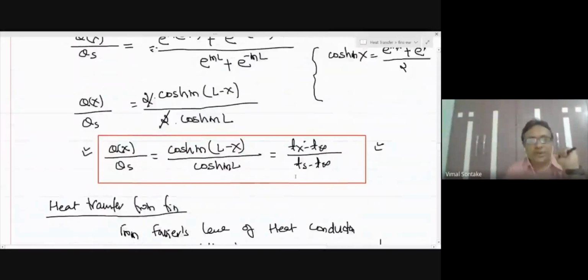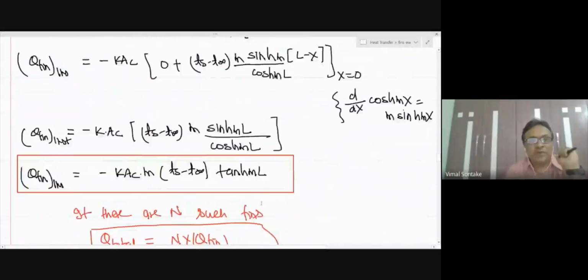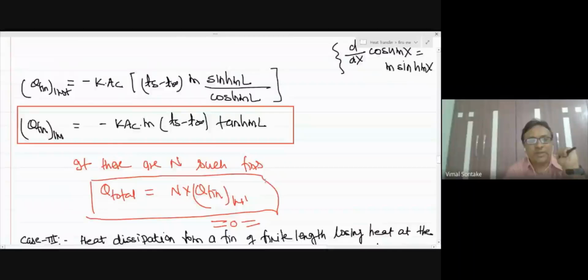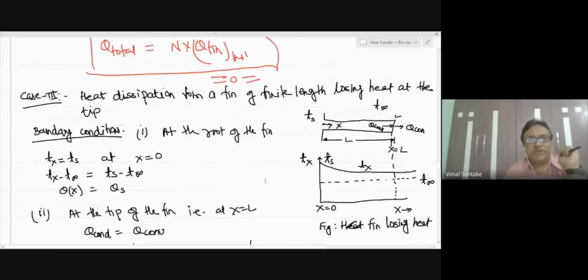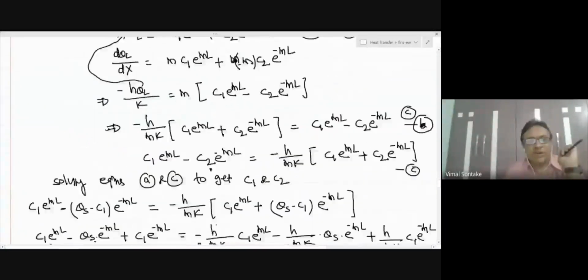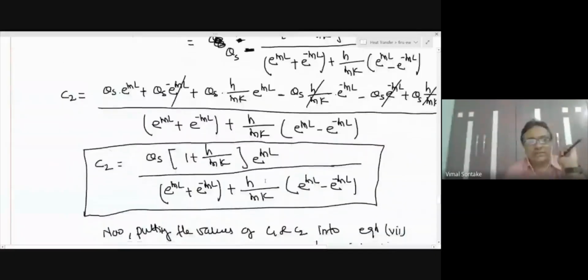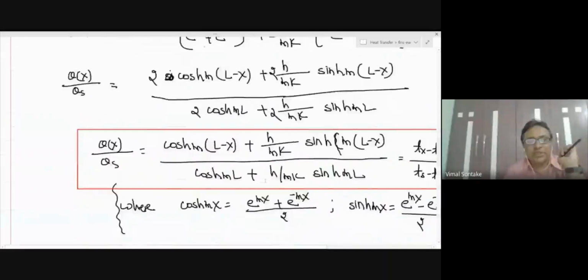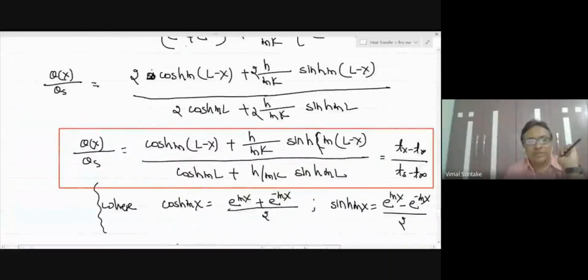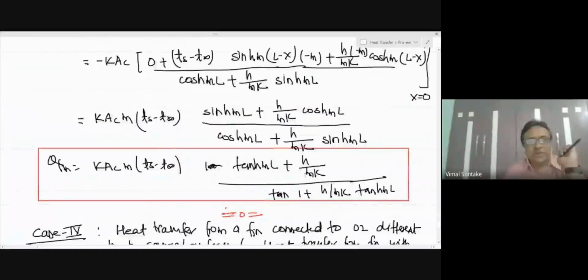This is the equation of temperature distribution. Then this is the rate of heat transfer from a fin with insulated tip. Then for case 3, heat dissipation from a fin of finite length, losing heat at the tip. So this is the equation for temperature distribution. This is quite lengthy. And similarly, the rate of heat transfer from a fin losing heat at the tip.